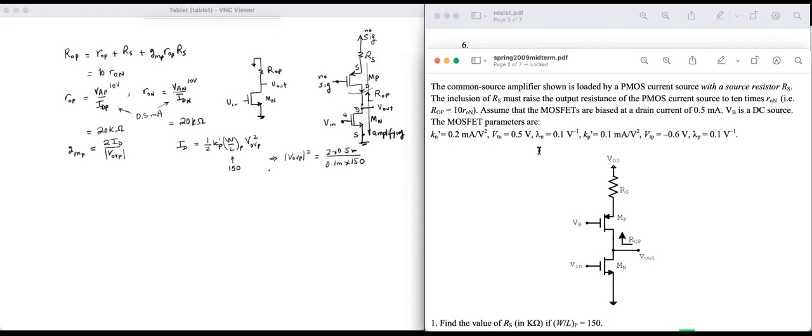And this will give me a VOVP value of how much? 2 times 0.5 over 0.1 times 150, square root of that. And I get 0.258 volt. So that's VOV, and now we can find GM. 2 times 0.5 milli over 0.258.